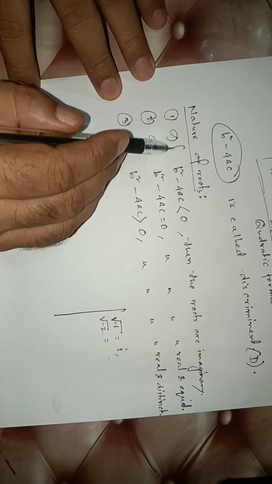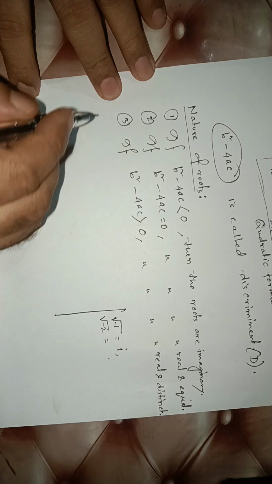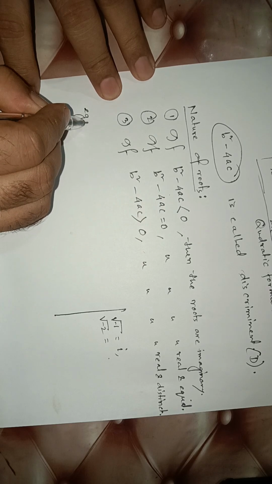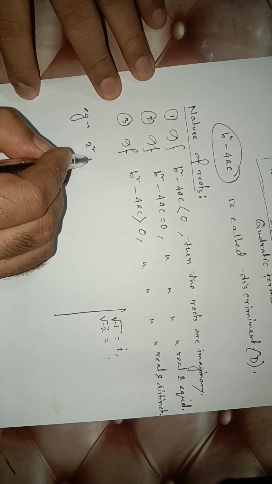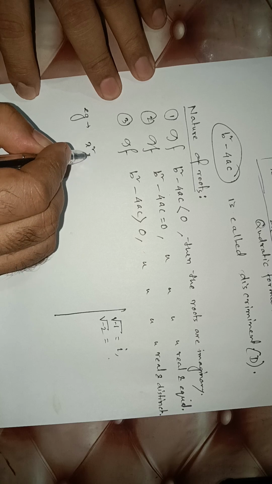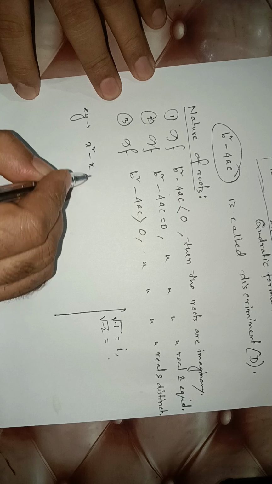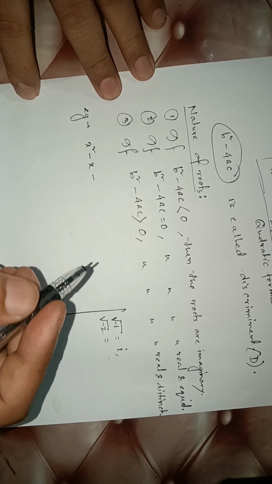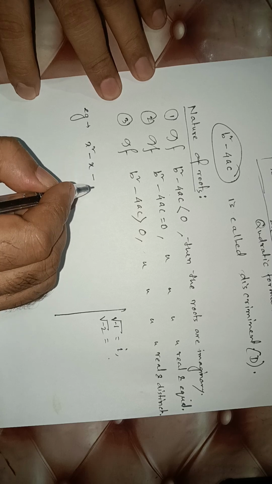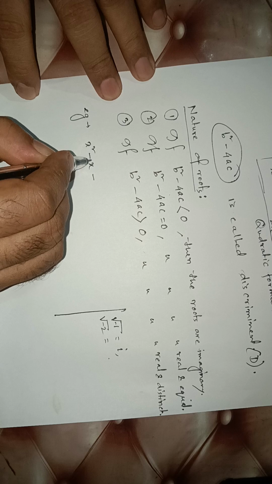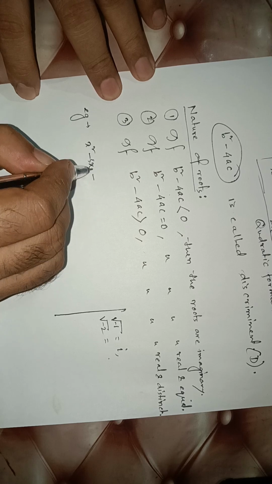For 1, actually no need to give any example, but if you want to use an example, then you see, suppose x square minus 5x minus 1.